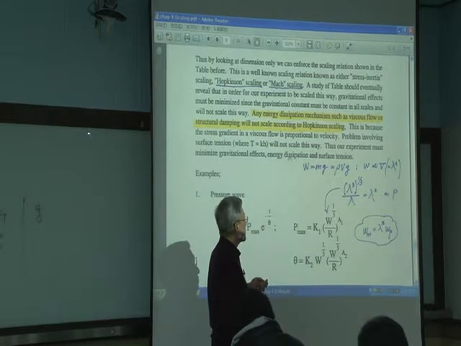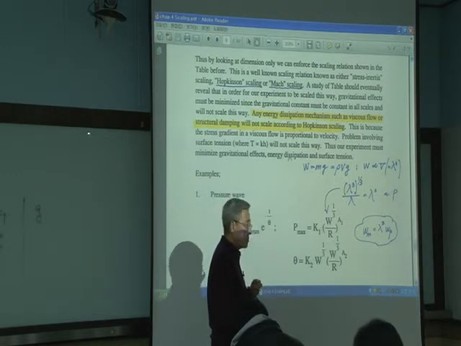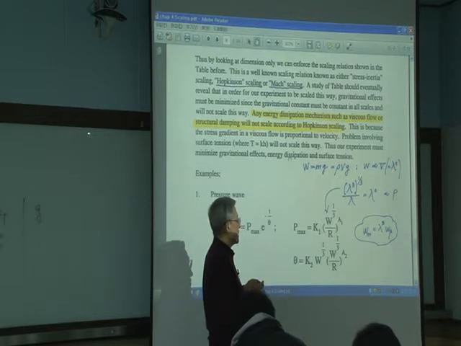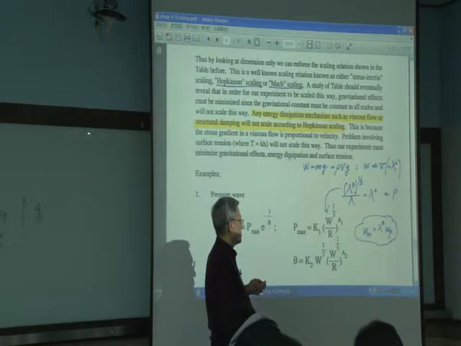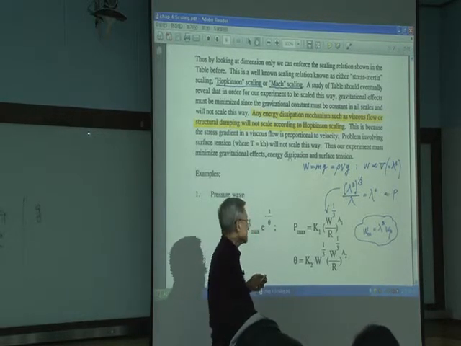And charge weight is proportional to the volume. The volume is L cubed, so it is proportional to lambda cube, because length cubed is a volume.